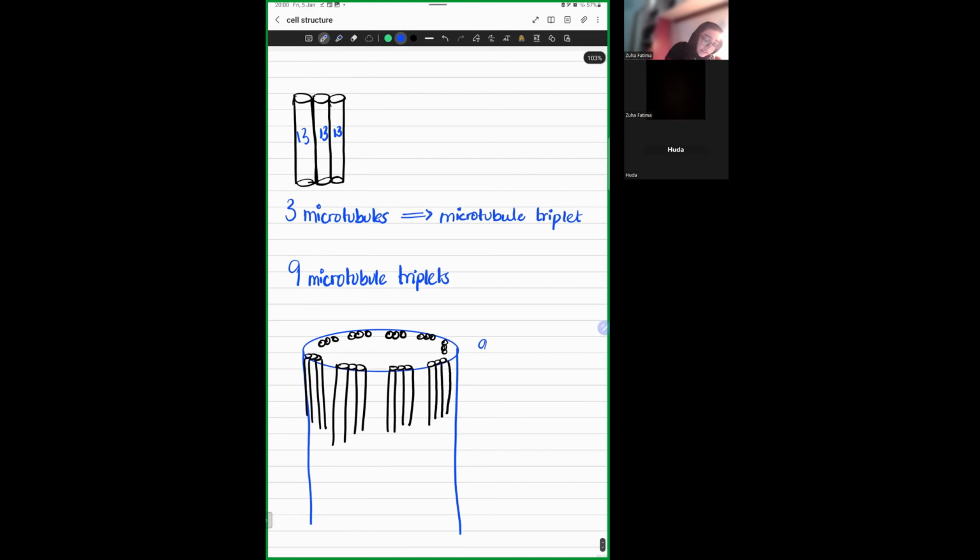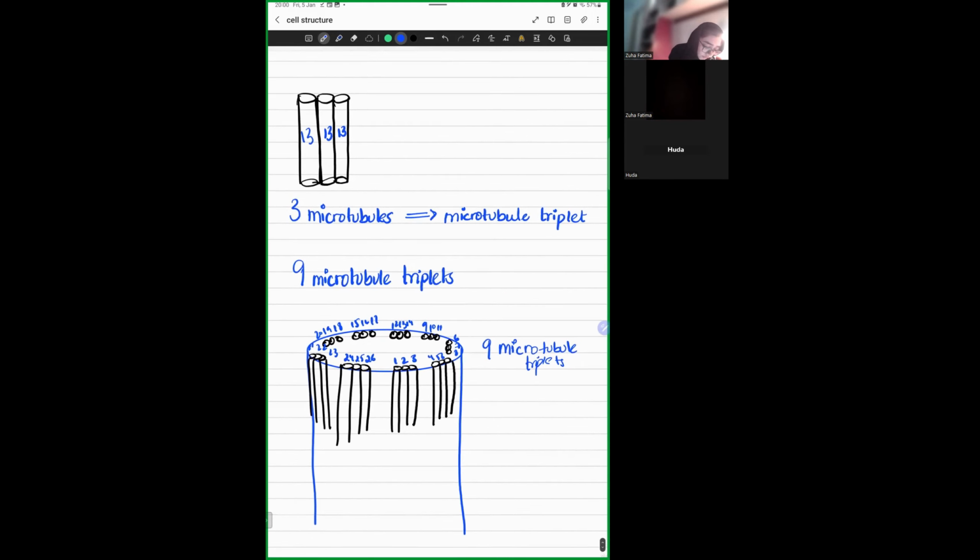So let's see over here. We have drawn 9 microtubule triplets, which means how many microtubules do we have? 1, 2, 3, 4, 5, 6, 7, 8, 9, 10, 11, 12, 13, 14, 15, 16, 17, 18, 19, 20, 21, 22, 23, 24, 25, 26.